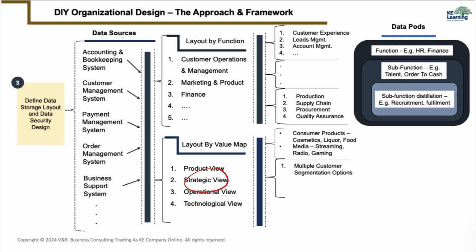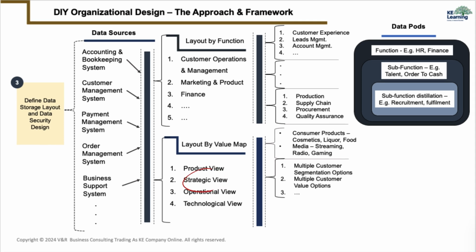Going down a level, to the strategic view level, a similar approach applies. Each value map objective on the strategic view level will have its own data pod within the main pod of that specific value map level. There will be data related to the objective of multiple customer segmentation within each of the product view level offerings.